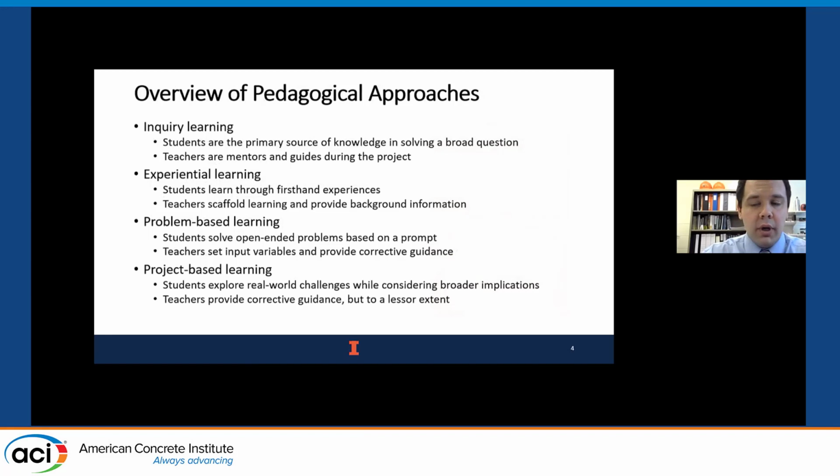I'm not going to spend a lot of time redefining these. Matt did a great job covering some of these pedagogical approaches, but these are the ones the authors and I agreed would be the most appropriate vehicle to introduce this technology. So we're talking about inquiry, experiential, problem-based, project-based learning.